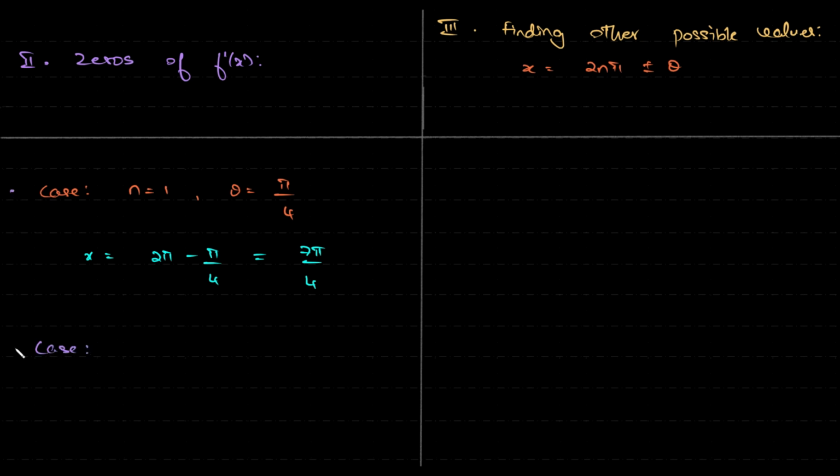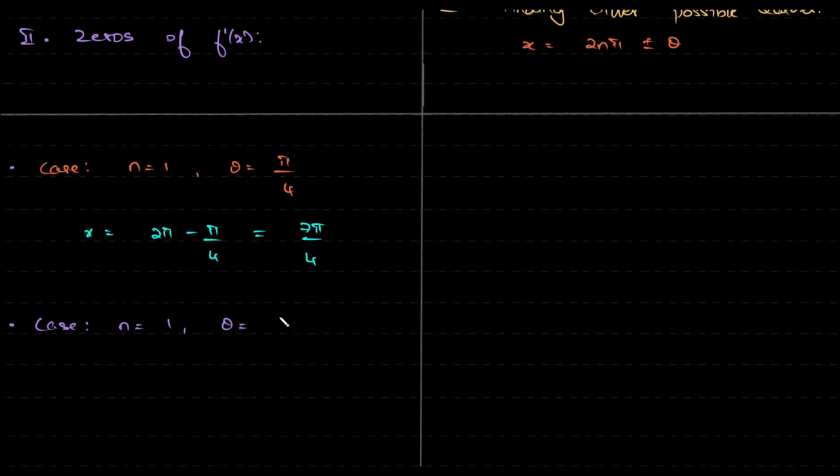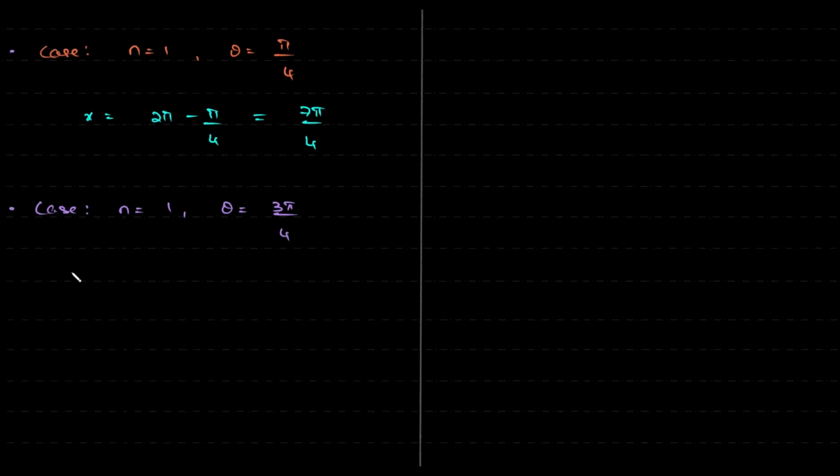Then we have the case n equal to 1 and theta equal to 3 pi by 4. So x is equal to 2 pi minus 3 pi by 4, which is 5 pi by 4. So these are all the values that we need to consider.